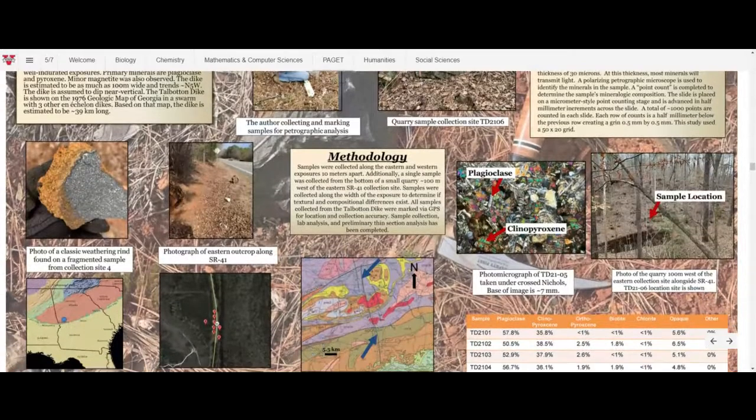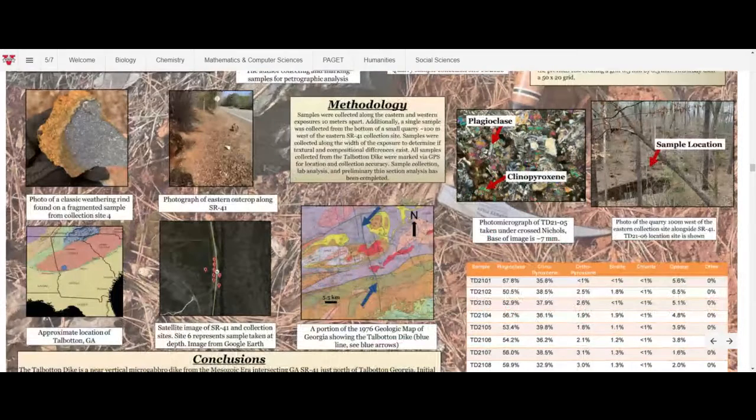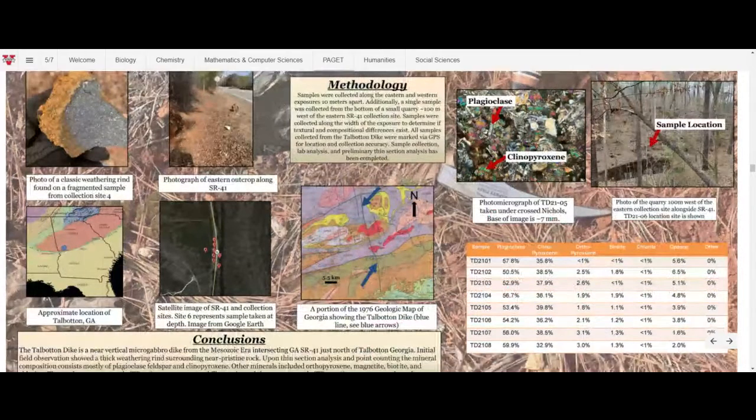The rainbow colored image on the poster is a photo taken under cross nicols, which uses polarized light and allows you to identify the different minerals inside the thin section. By doing this, it allows us to determine the cooling rates, the mineralogic composition, and pretty much the geologic history of the dike itself.